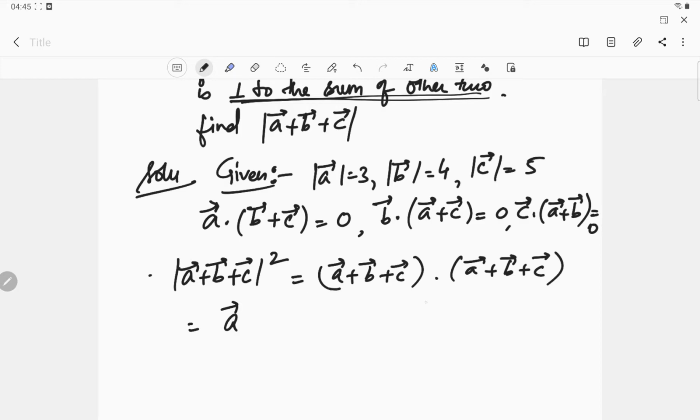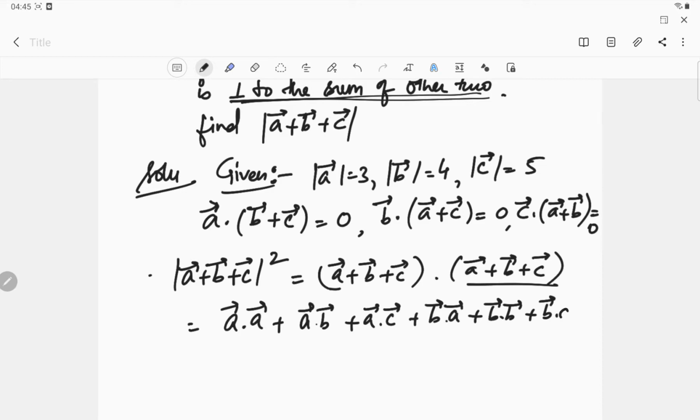We are taking one of the vectors and doing the dot product with the rest of the three vectors. A dot A plus A dot B plus A dot C plus B dot A plus B dot B plus B dot C, then C dot A plus C dot B plus C dot C.